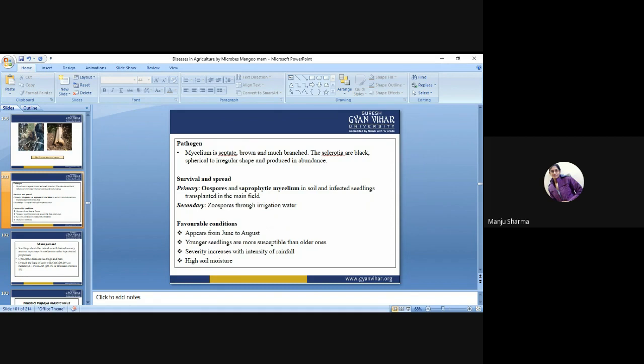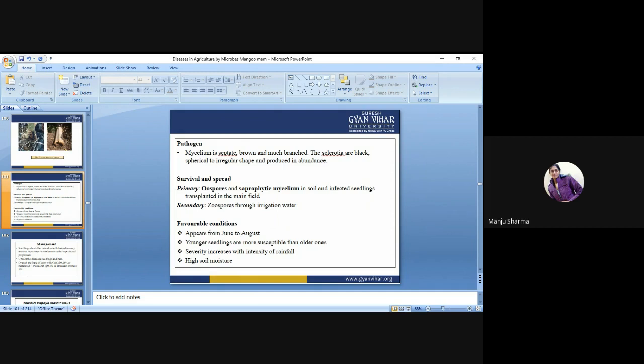The sclerotia are black, spherical to irregular in shape, and produced in abundance.